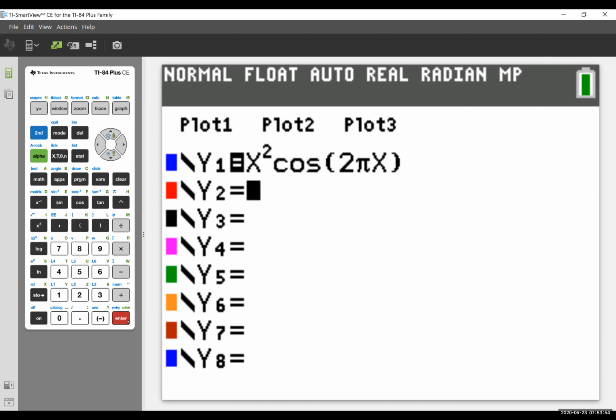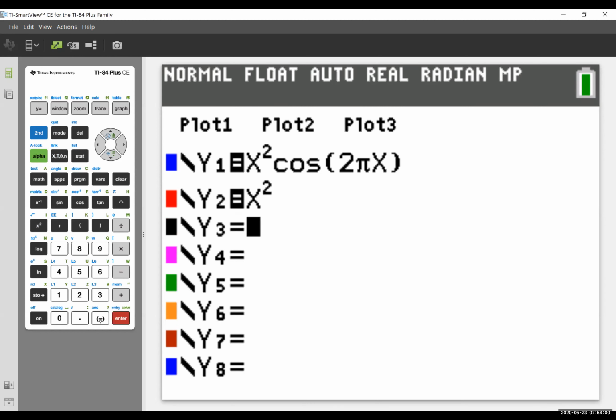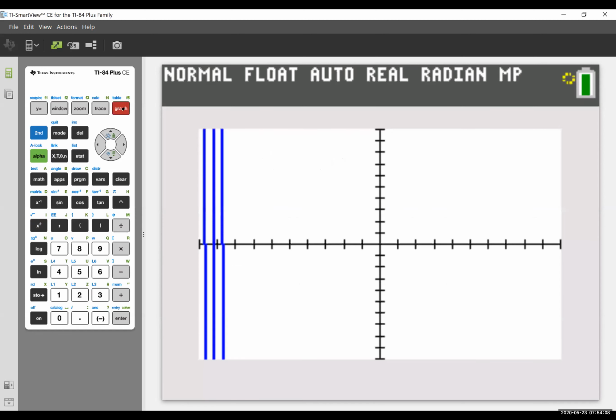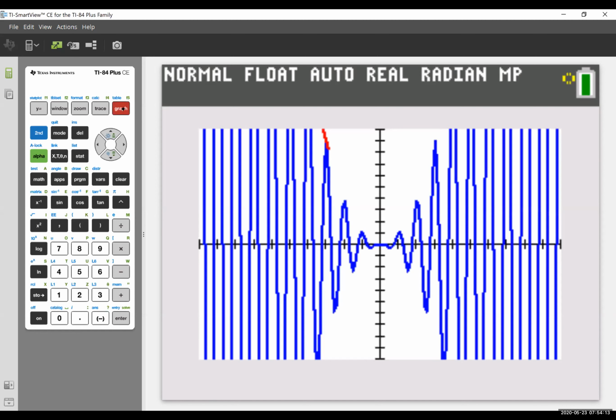And then we're typing in our two chosen functions, found by a little bit of thought. I wrote x squared, not x times 2. I'm zoomed in a little bit, but it's really pretty. Look at that.